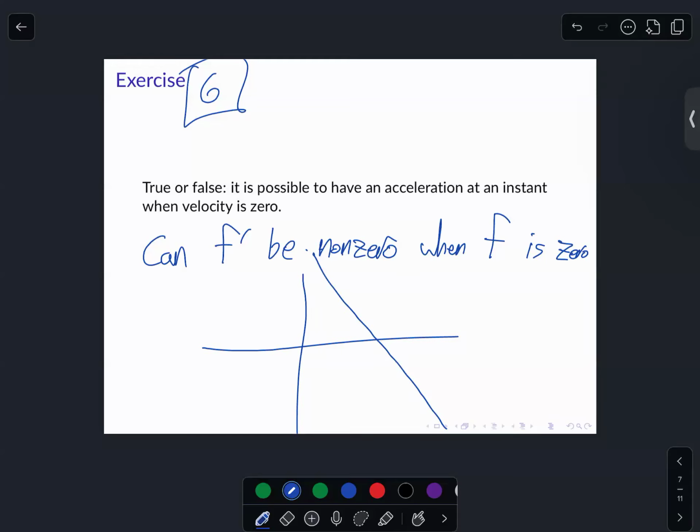Okay, so the slope of this is -1. What's the slope here? What's the slope here? Does this go flat for a second? Do you see a different slope here? It is absolutely possible to have a change even when the quantity is temporarily 0.